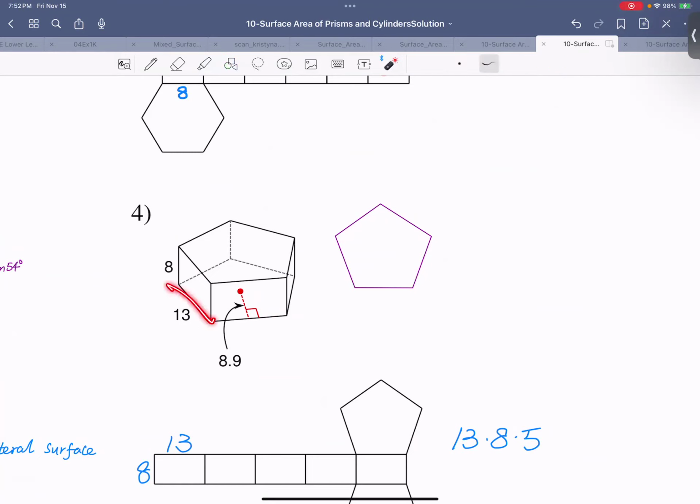Each side is 13. Draw the center. Draw the line through the center. Connect. Like that.